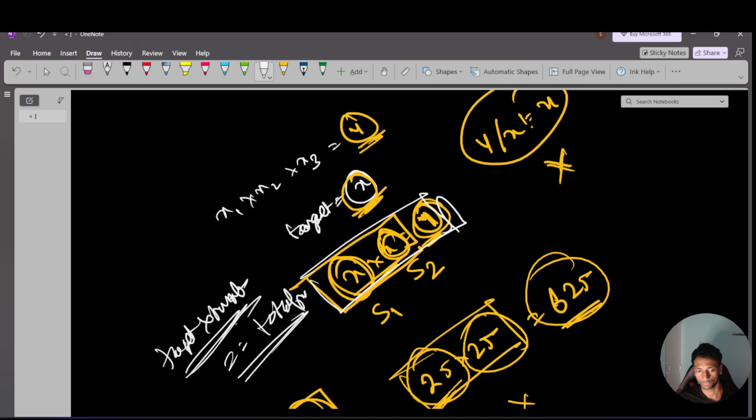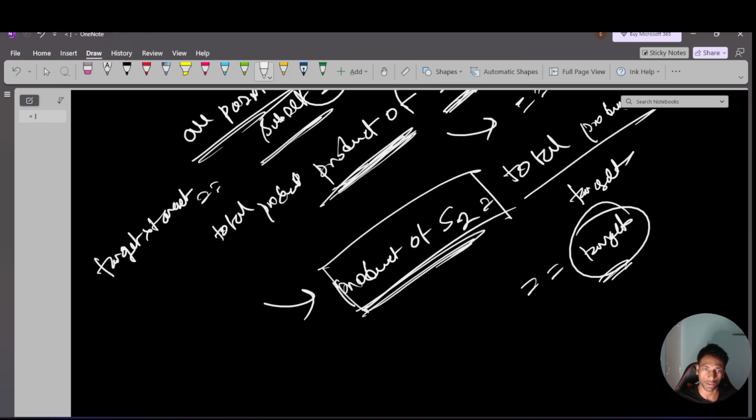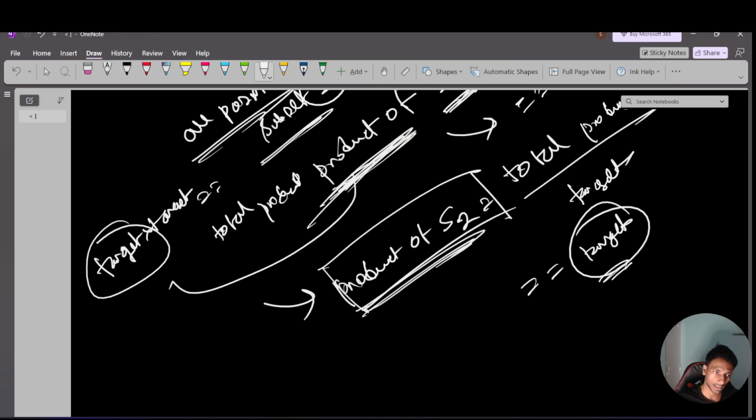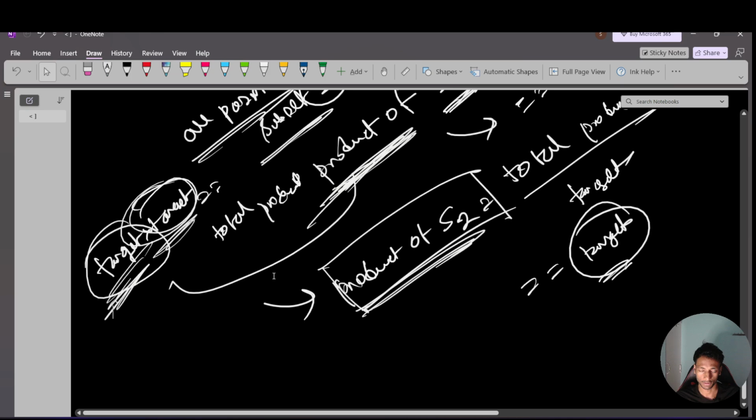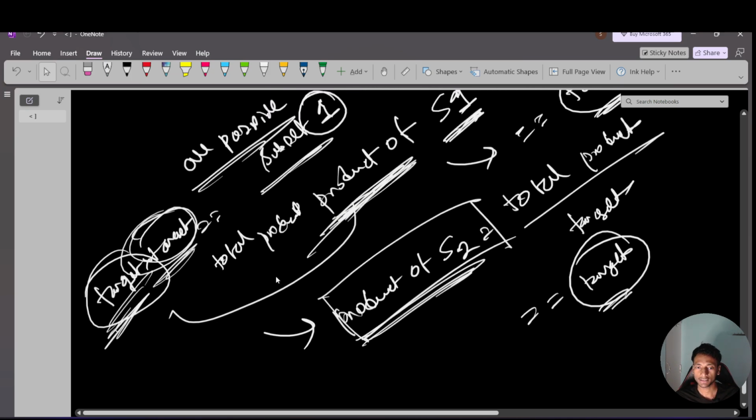If it is not equal, then I can't even generate any answer. So here I already know the product of subset 1, so I will check if this is equal to target. That means automatically the product of subset 2 will also be equal to target. Got it? How to ensure that? Clear?